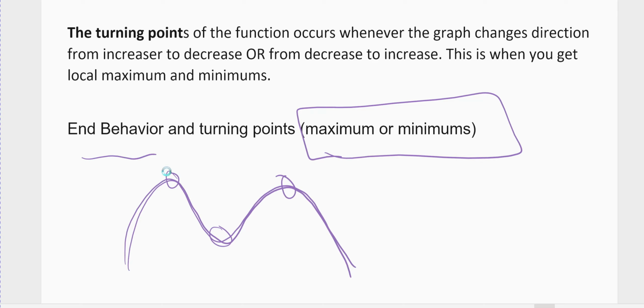But all of them can be at least guessed at or determined based on my leading coefficient. And that's what we're going to get into in this section. We're going to look at end behavior and turning points, specifically maxes and mins, and how we determine them based on the leading term and the degree of my function.